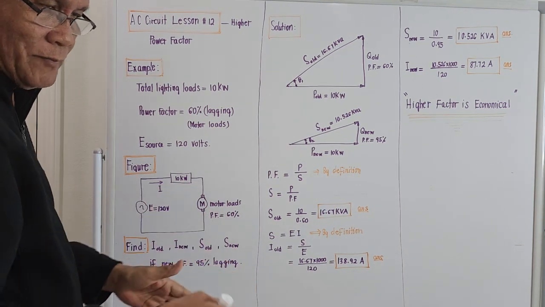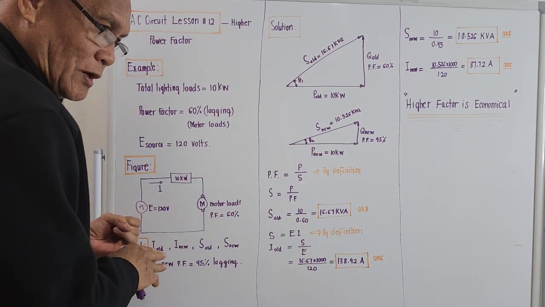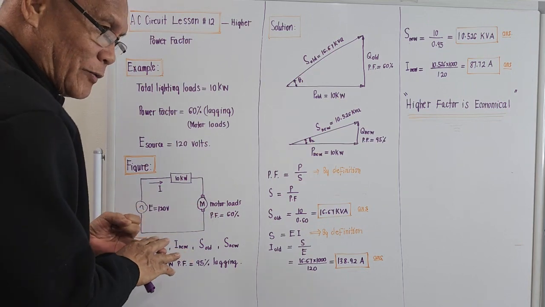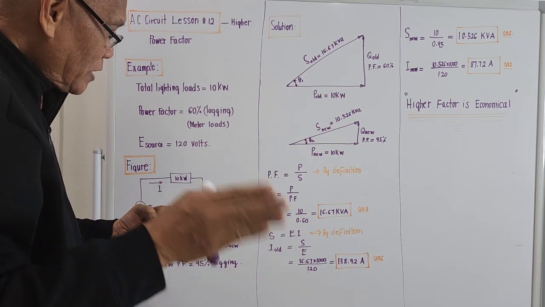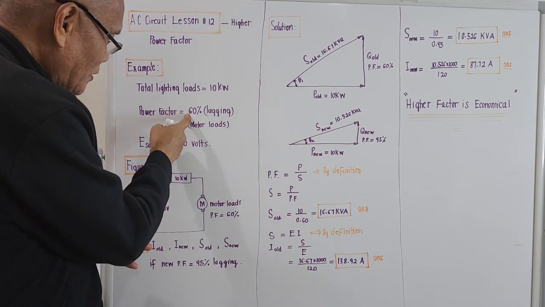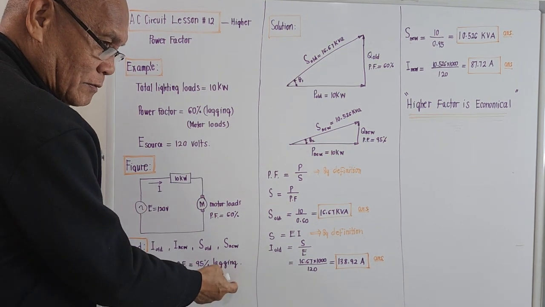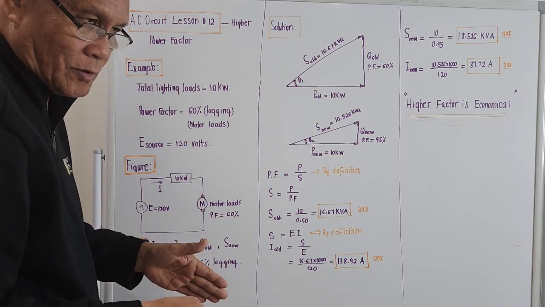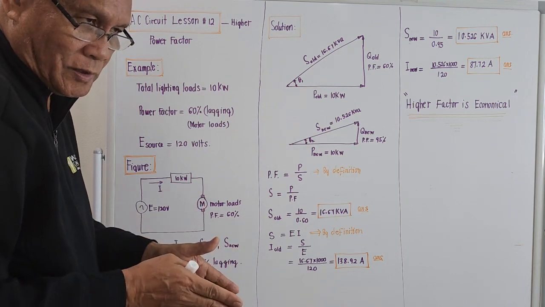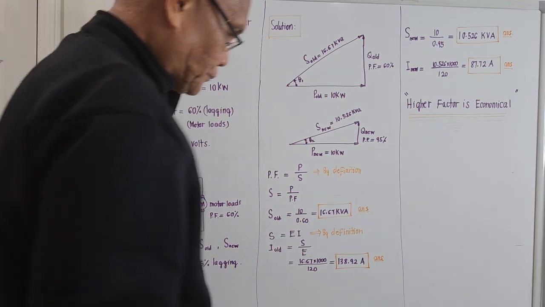So the problem is asking us to compare the total current consumption and the total apparent power drawn from the utility line if the original power factor, which is 60%, increases to 95% lagging. Here, we will show you that a higher power factor will be good for the people of the world. Let's proceed with the solution.